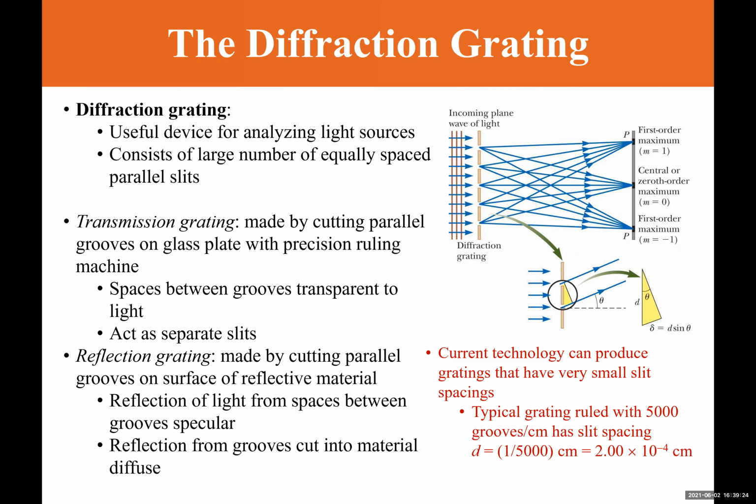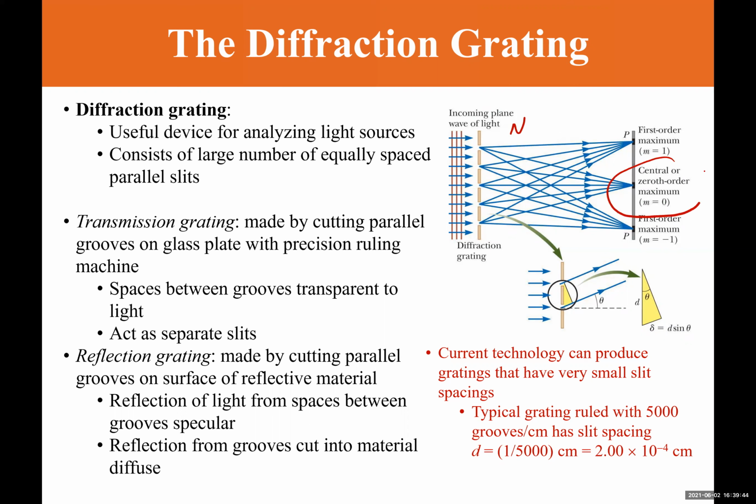The idea is kind of similar. You have a plane wave of light coming in, and instead of one or two slits, you have N number of slits, and the light goes through that, and you see a pattern.